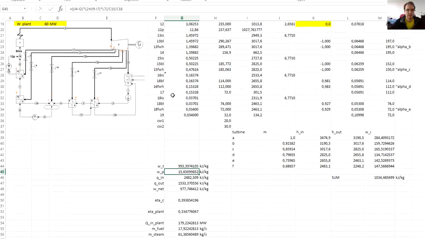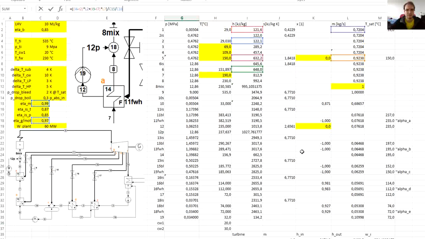Work of the pumps, here might be a major difference, but since we have already accounted for the mass flow rates at both the condensing pump as well as the feedwater pump, this is correct.